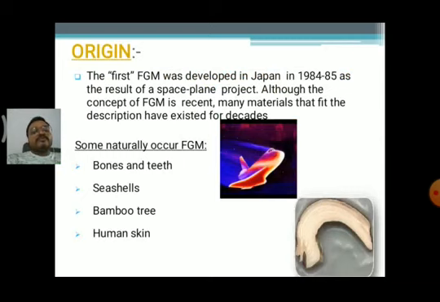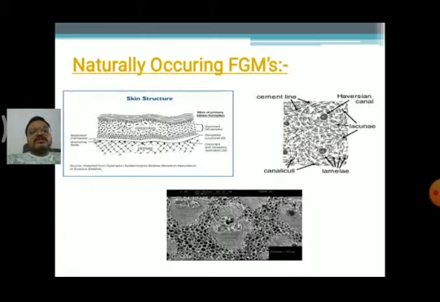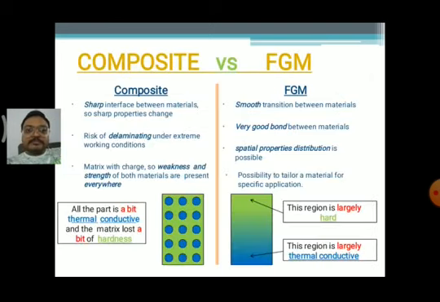It came from Japan, developed in 1984-85 as a result of the space plane project. We have also seen some naturally occurring FGMs, that is skin structure, bamboo sticks and other trees.